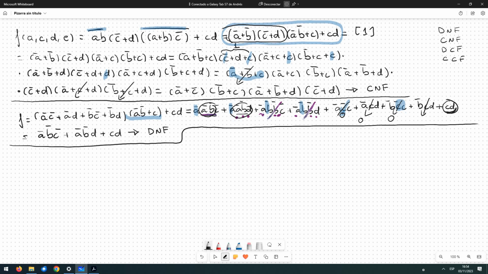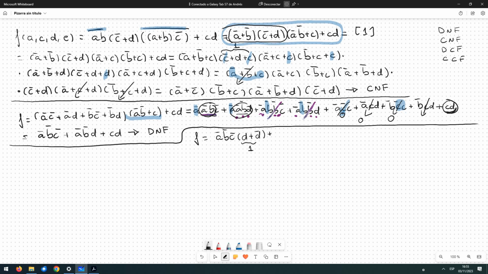So we proceed to calculate the canonical forms. As you remember, we have this expression. In this product term, we need the D variable, so we can multiply by D plus D negated, because this is 1. This is the way of obtaining the canonical disjunctive form, starting with the normal form.